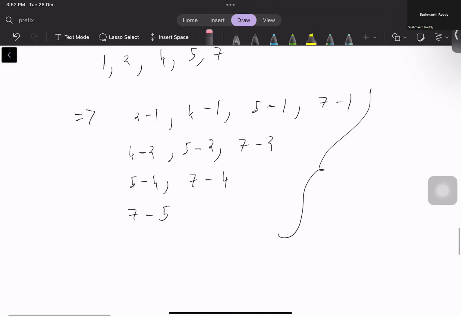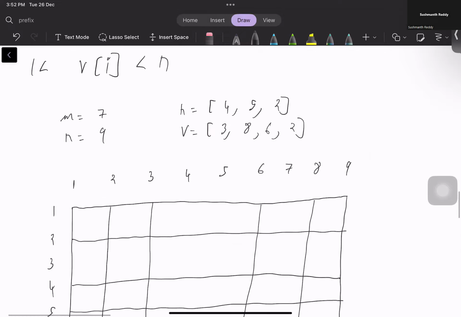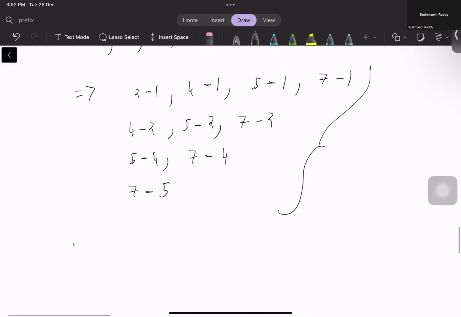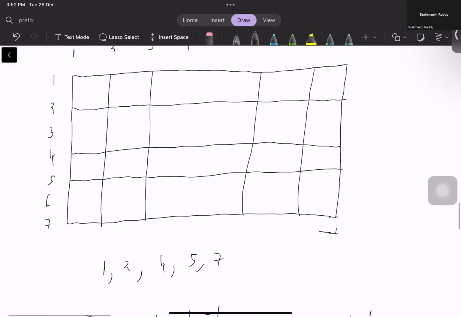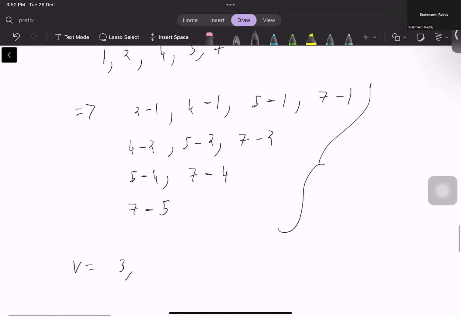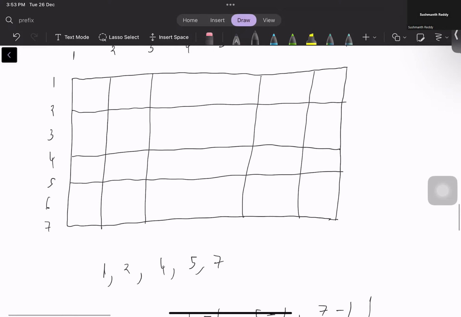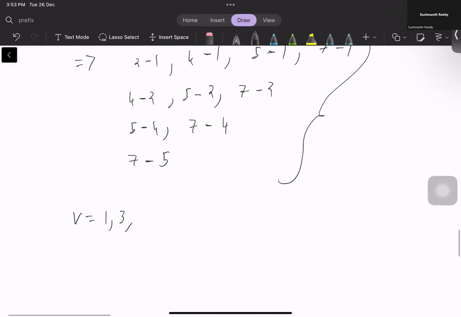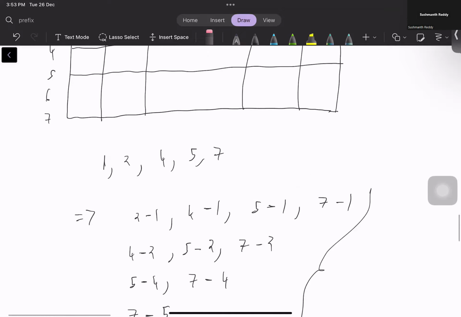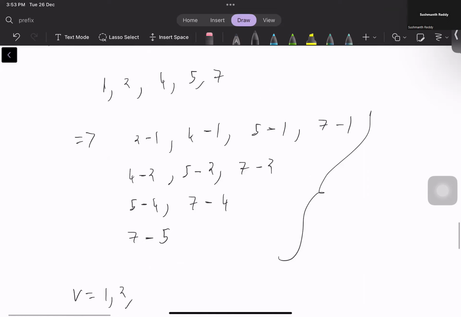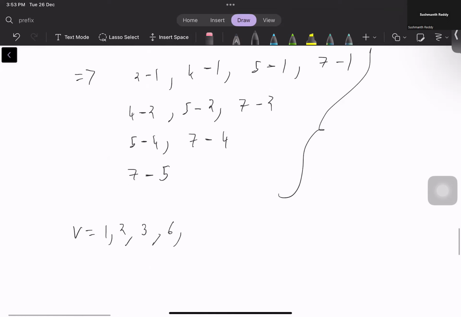Now, similarly, we can do it for vertical distances also. For verticals, the vertical barriers are at 1, 3, 6, 8.